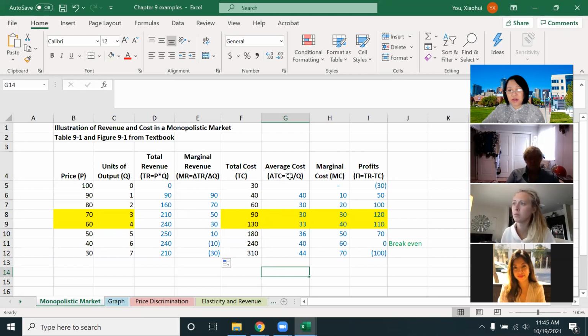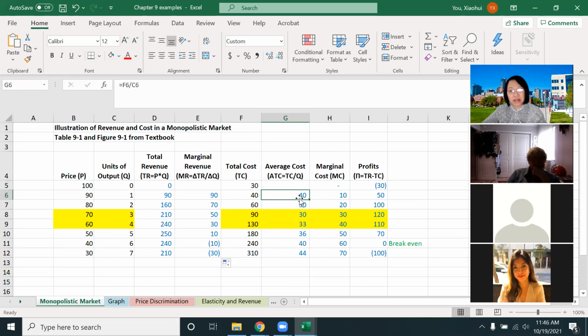And then average total cost. We don't have average total cost, but we do know total cost equals ATC times Q, the average cost times Q, right? So we just rearrange it. Then average total cost will equal total cost divided by Q. Since the first Q is 0, and 0 can never be the denominator, we cannot calculate the first cell.